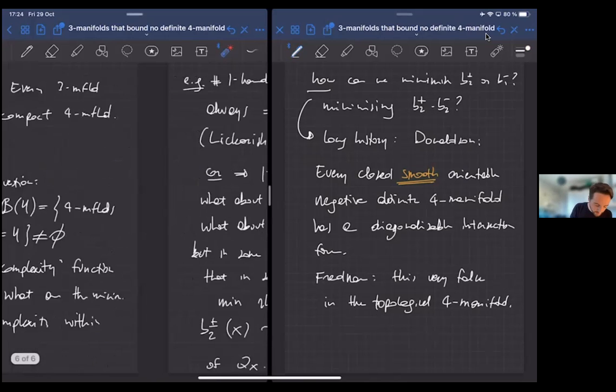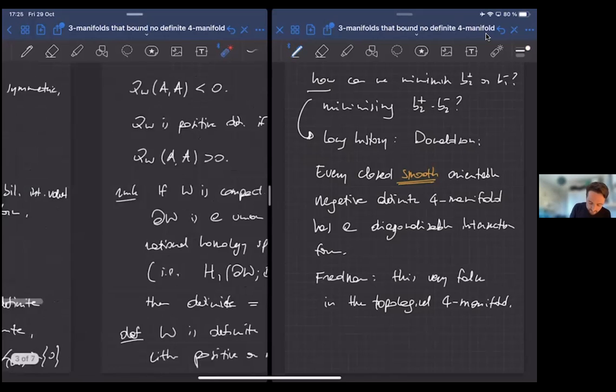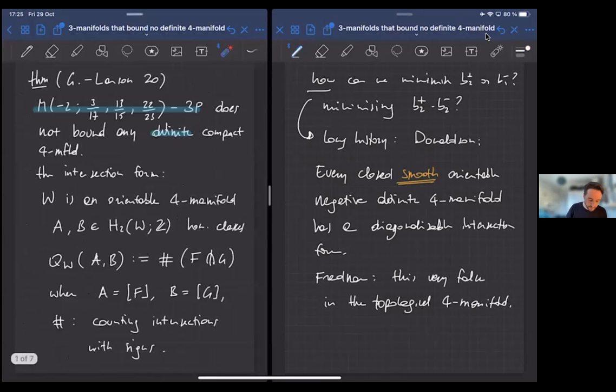And well, now that I put the assumption in Donaldson's theorem, I need to be honest and add the assumption also here. Our theorem strongly needs the assumption that the 4-manifold is smooth.